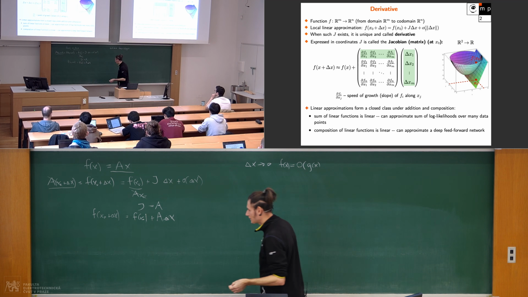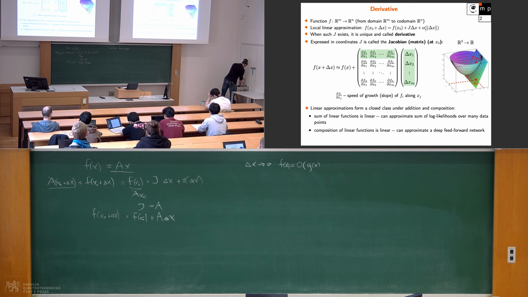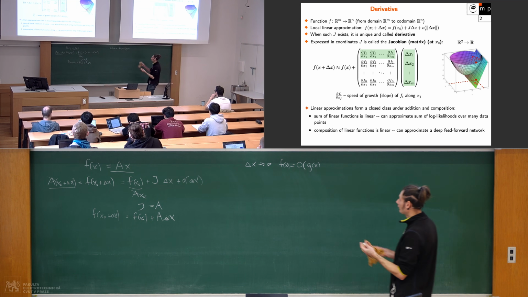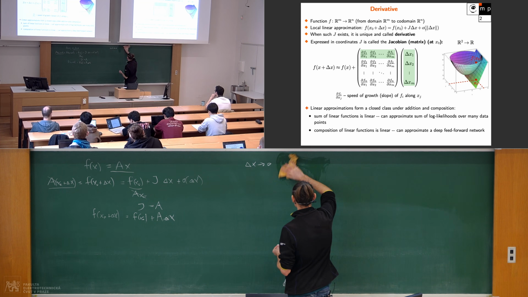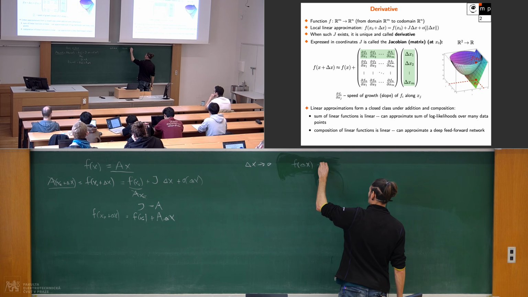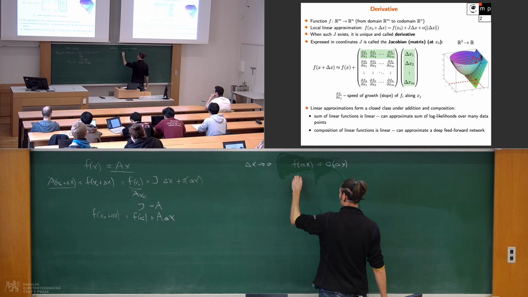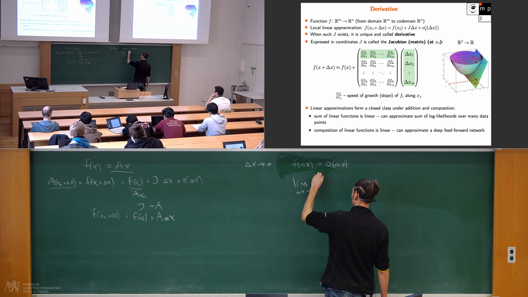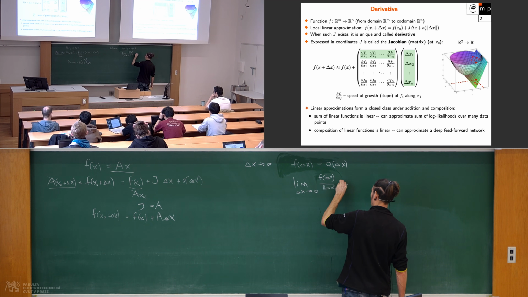Let me be specific. So I say f of delta x is little o of delta x if this limit is 0.